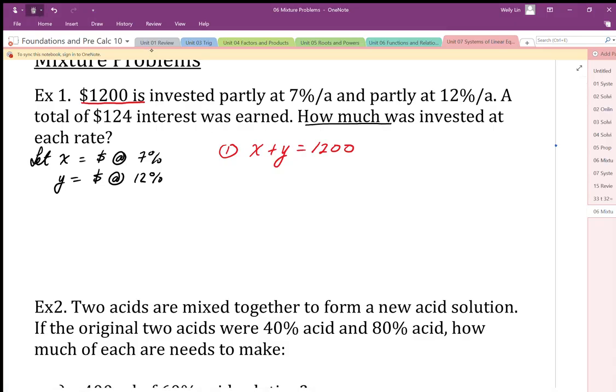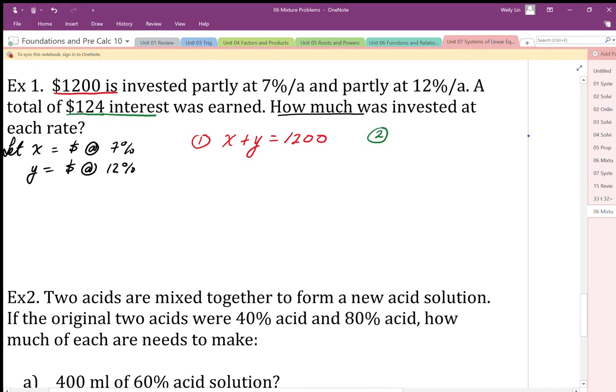The other relationship comes from the amount of interest that's earned. So how do I calculate the amount of interest? If I take the amount of money at 7% and multiply it by 7%, that's the interest earned at 7%.